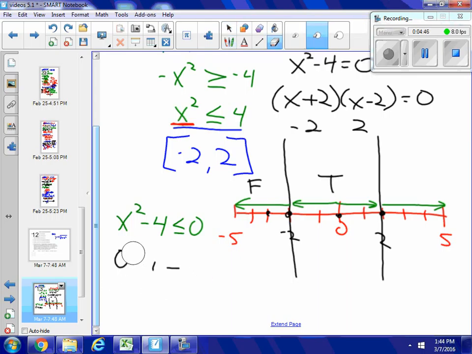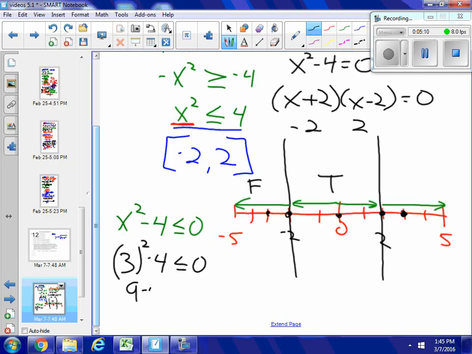And now let's try a number in the last interval. Let's pick 1. Is 1 squared minus... 1 is not in the last interval, I'm in the wrong interval there. Let's pick 3. 3 is going to give me the same answer. I have 3 squared minus 4 less than or equal to 0. 9 minus 4.